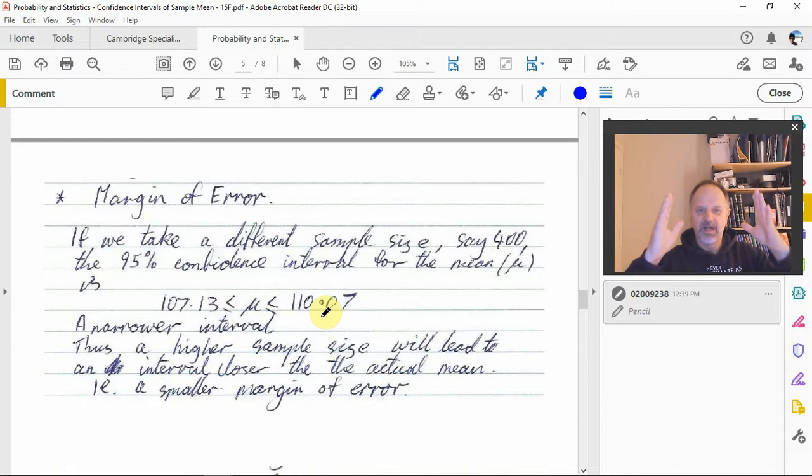So it's now a narrower interval because of that higher sample size. Remember, the bigger the sample, the closer things are going to be to the actual. So if that interval is narrower, then that means there's a smaller margin of error.